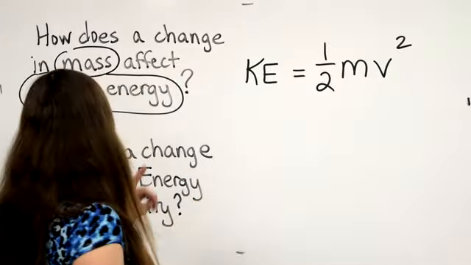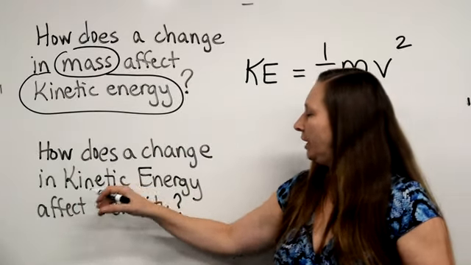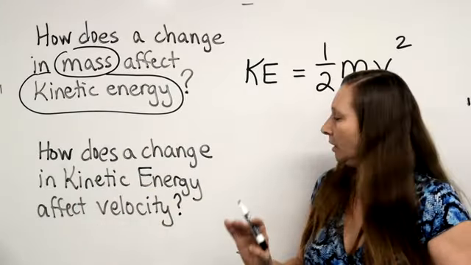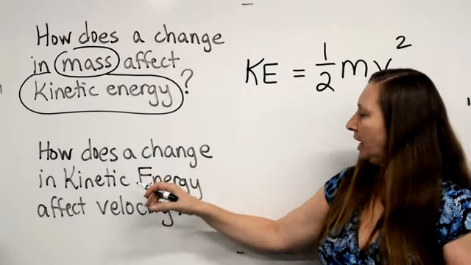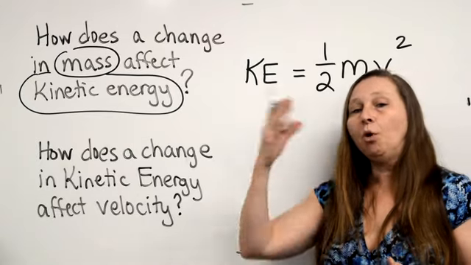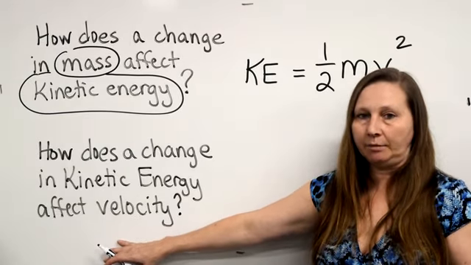Now, what about a change? How does a change in kinetic energy affect velocity? In other words, if I say that some object has more kinetic energy, what am I saying about the velocity of the object?